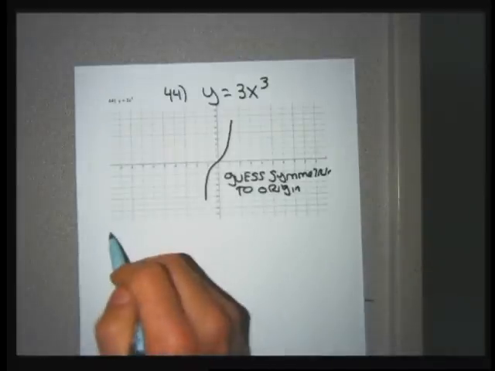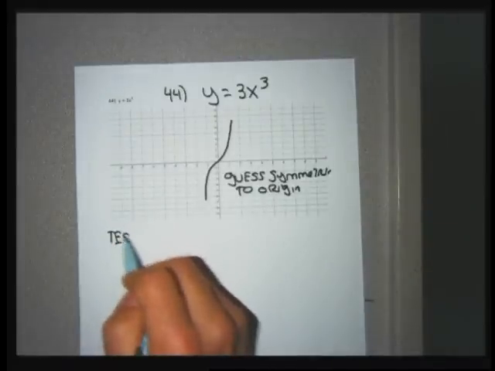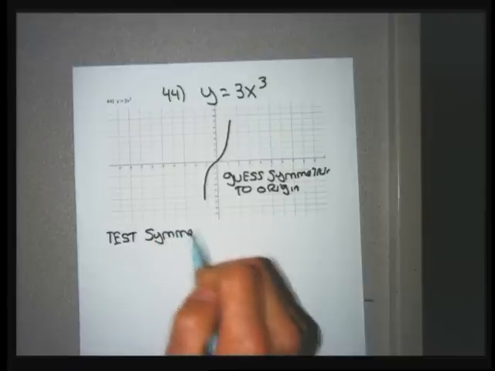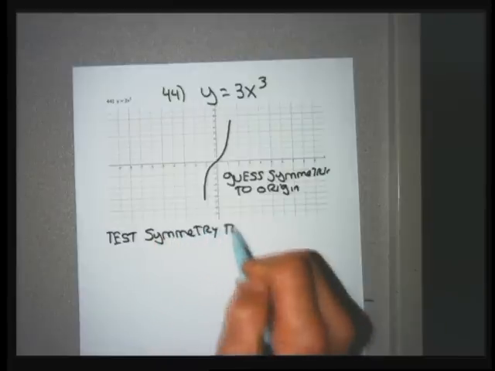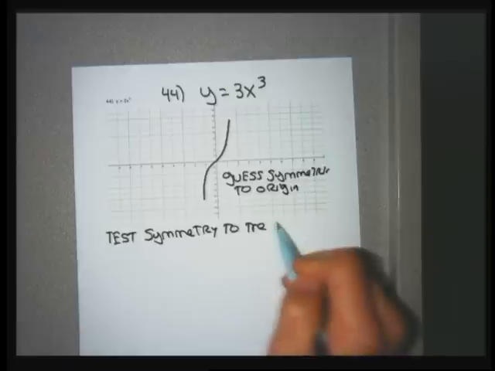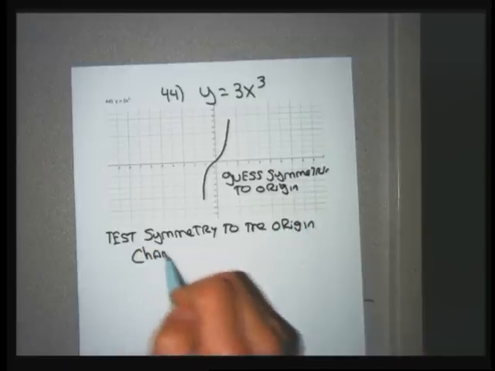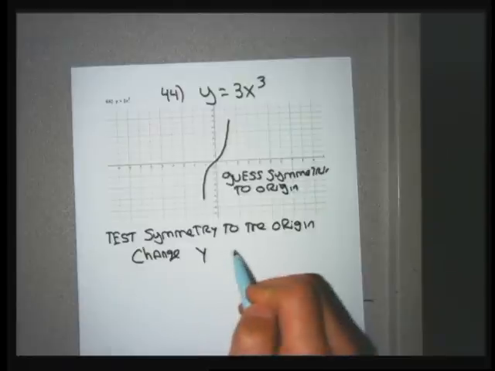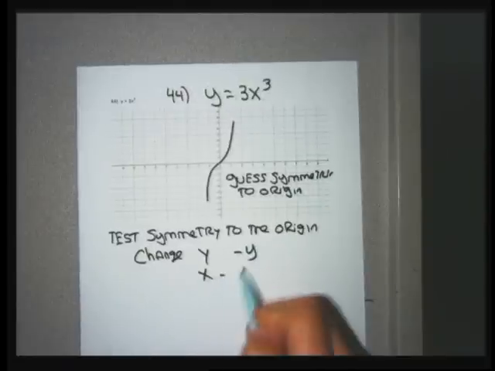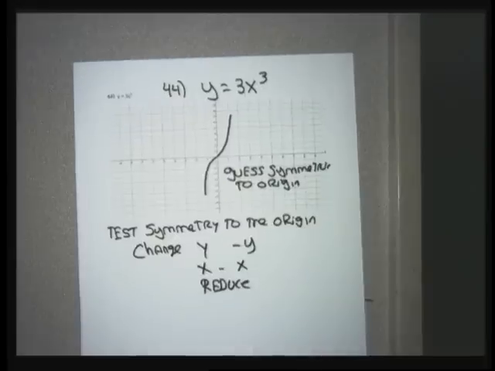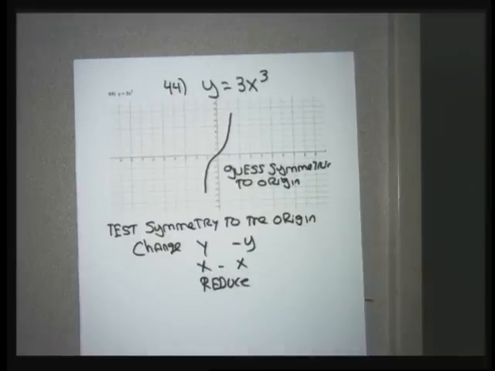So to test for symmetry to the origin, I change the y to a negative y and x to a negative x, and it has to reduce back to the original problem. This is the hardest one for checking.